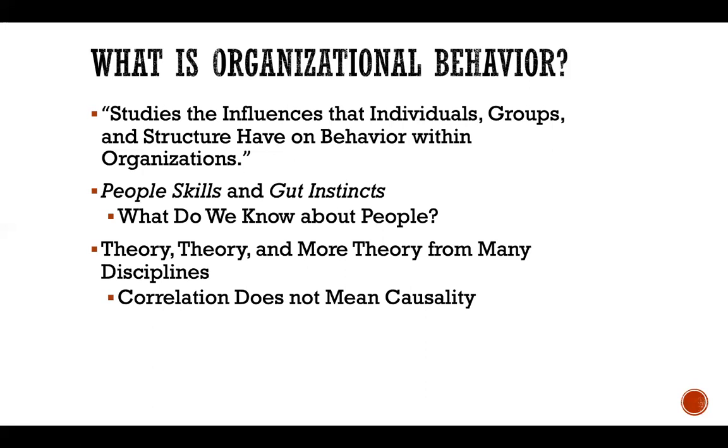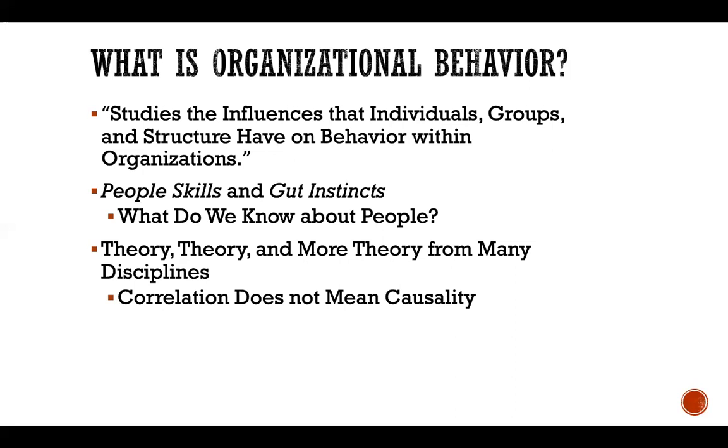What does theory do? Theory explains what, when, how, and why. So if you want to understand why someone's behaving in a certain way, a theory can explain what, when, how, and why that person is behaving the way they're behaving. Now, unfortunately, you're going to get a lot of theories in this class because there's no one meta theory for human behavior.